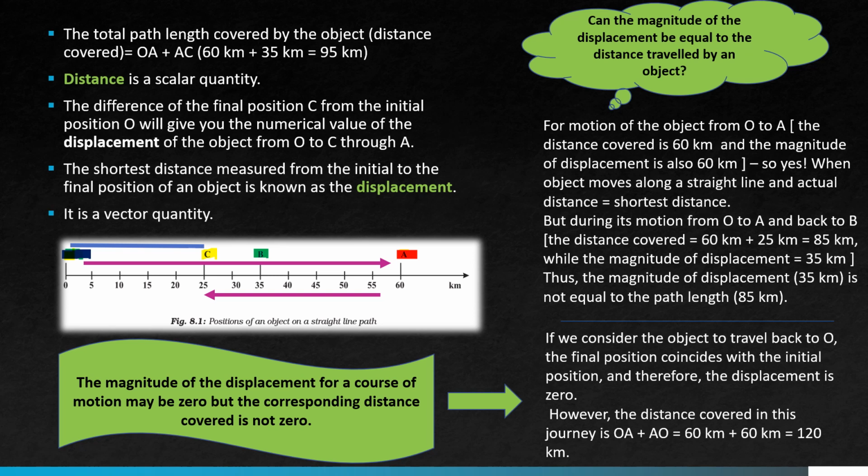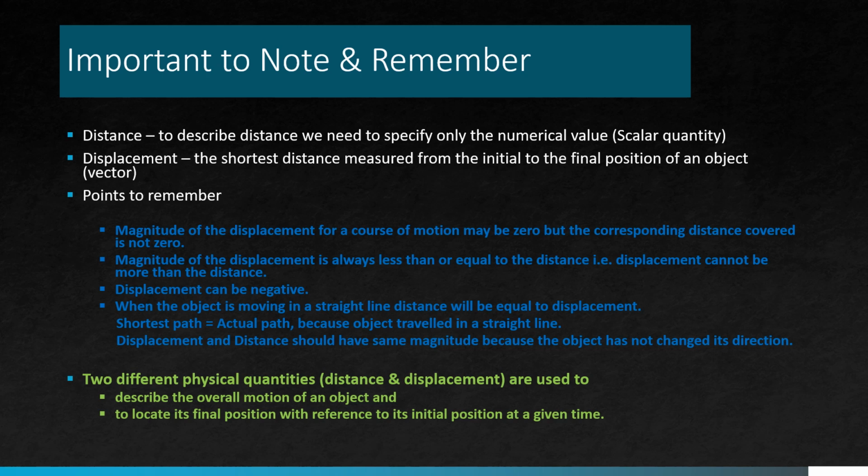Now here we'll quickly summarize what we have studied till now. We have distinguished between distance and displacement, distance being a scalar and displacement being a vector quantity. Displacement is the shortest distance, and distance is the total path covered by the object to move from the initial to the final position. With reference to distance and displacement, there are a few pointers that we need to remember. One is that displacement for an object could be 0, but the corresponding distance covered would not be 0, right?